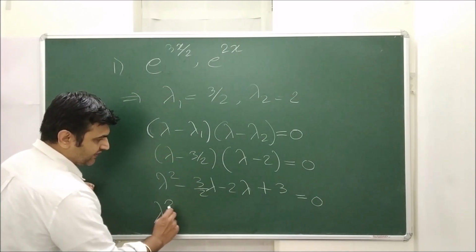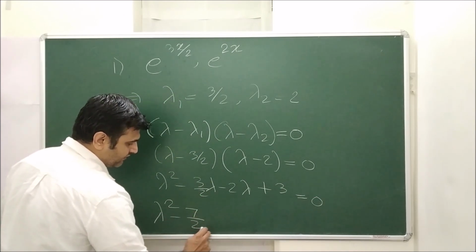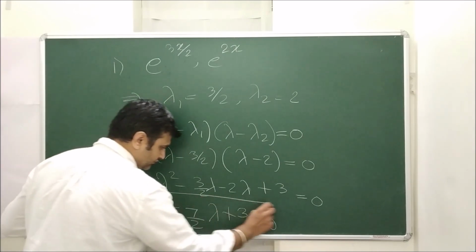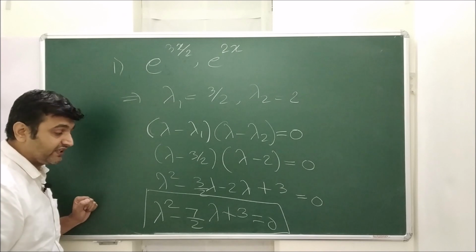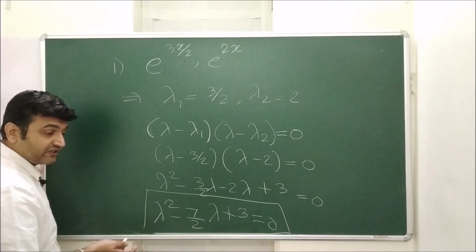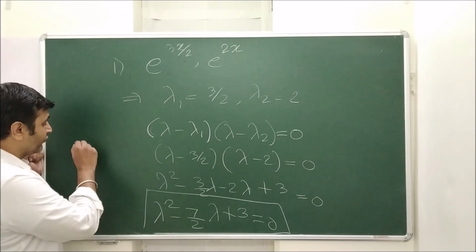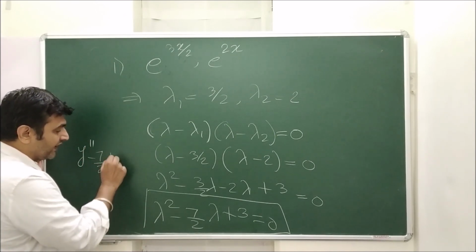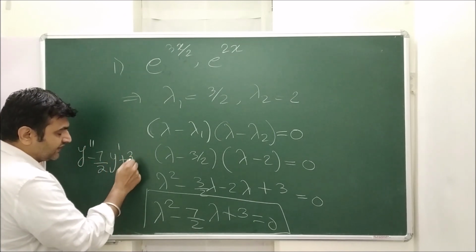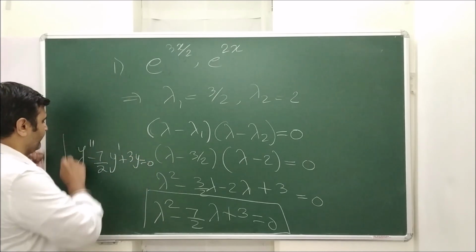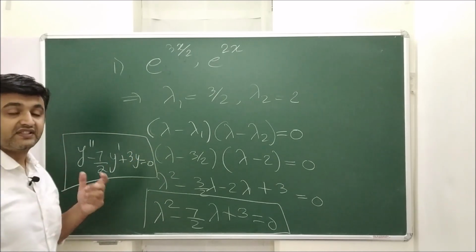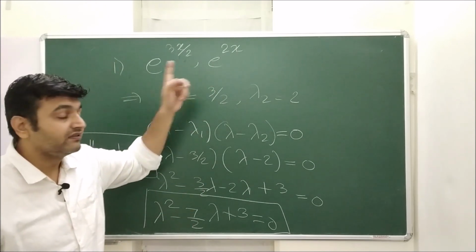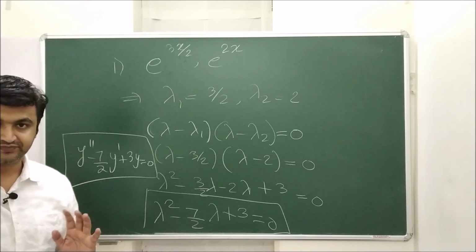And this is nothing but lambda square minus 7 by 2 lambda plus 3 equal to 0. Once you have an auxiliary equation, what is the differential equation? It is y double prime minus 7 by 2 y prime plus 3y equal to 0.